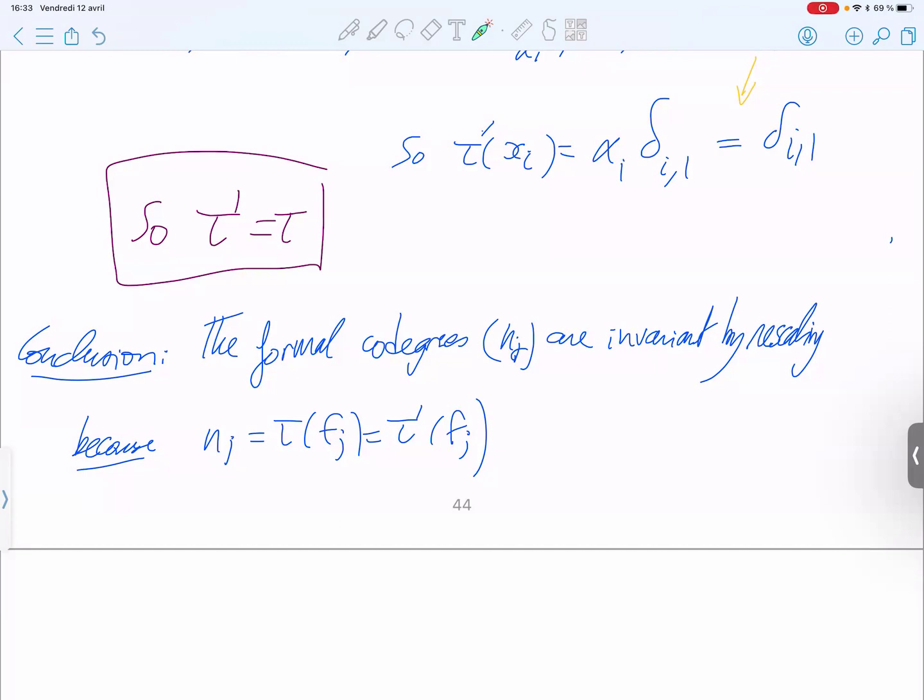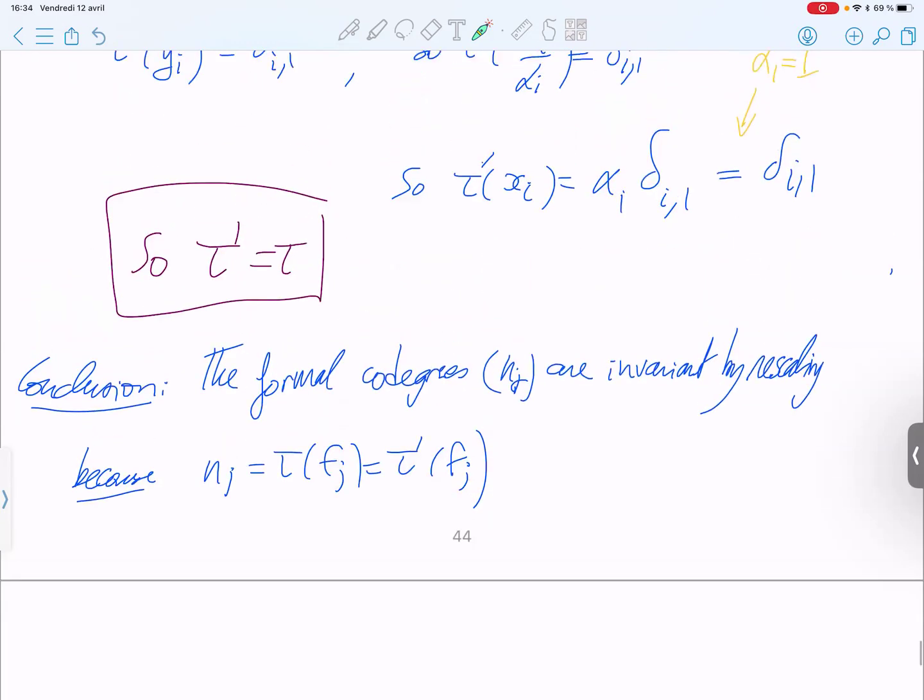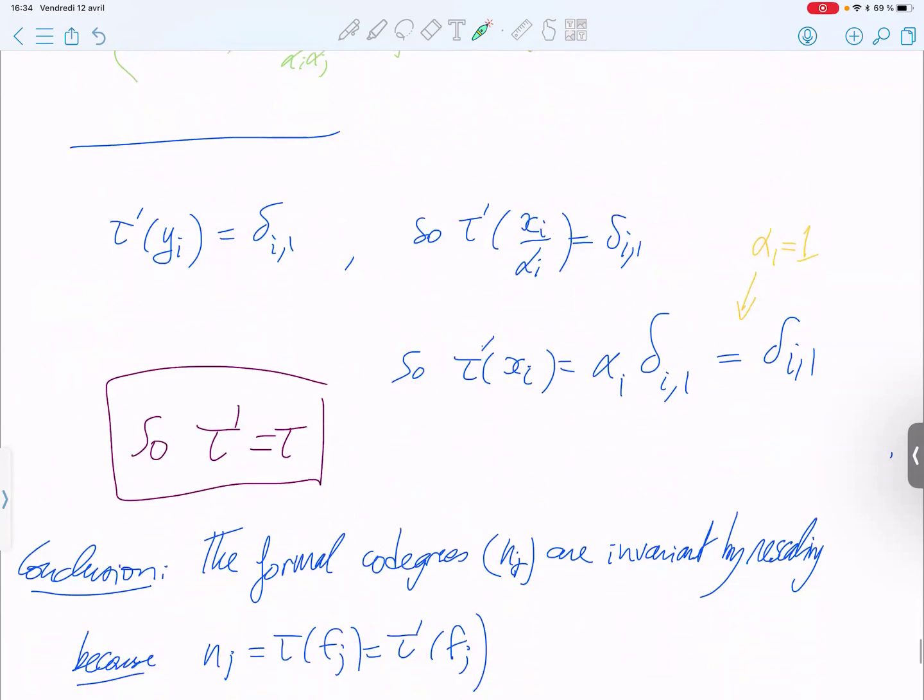Proof. Okay. Now, what about now? Okay. So the formal codegrees are invariant by rescaling.